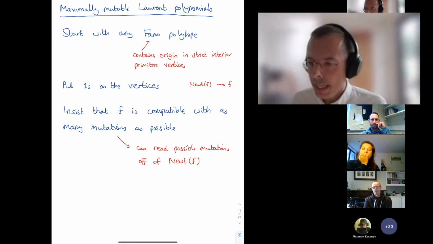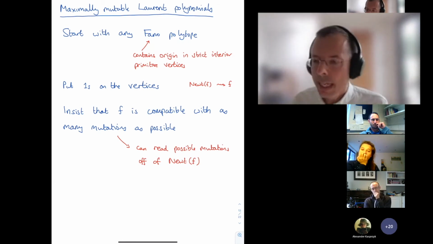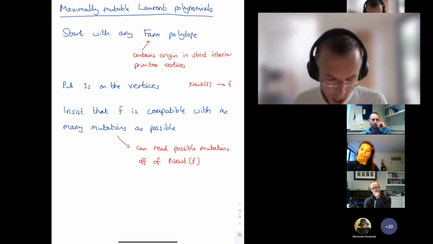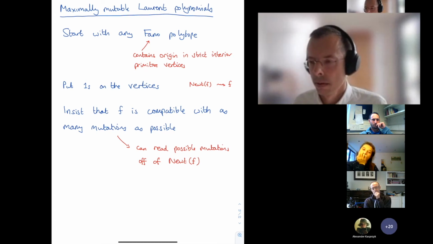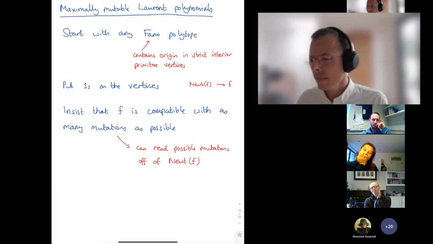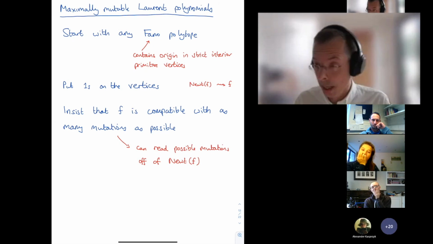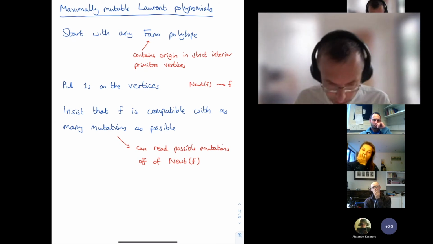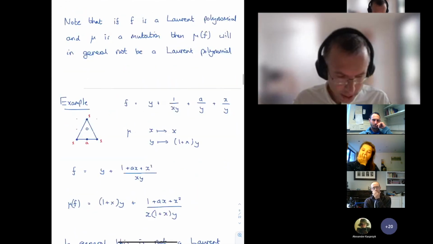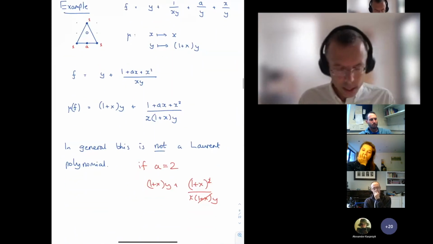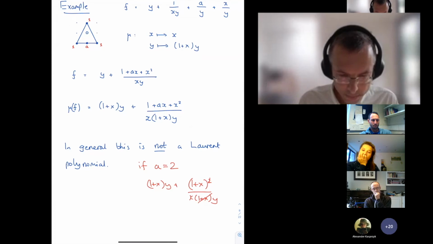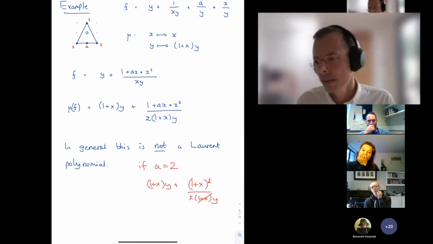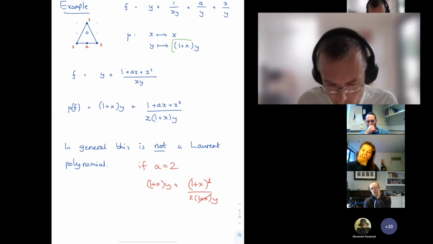An important point here is that we can read off what the possible mutations are from the polytope. That's probably quite plausible. If you wrote out this mutation in terms of the weight vector and the factor, this would be the factor.